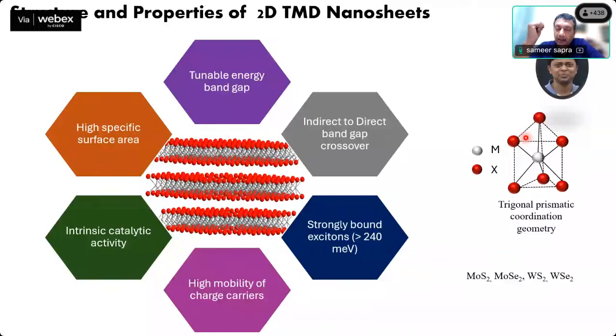And t2g eg means that you have three electrons over there in t2g. Instead of three electrons, if you have two electrons, for example, in the case of molybdenum 4 plus, you have two electrons.